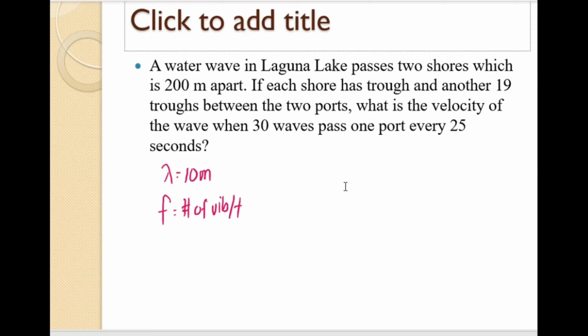We have the frequency is the number of vibrations per unit time. We have 30 waves passing through it every 25 seconds. So let's divide that, 30 divided by 25. We have a frequency of 1.2 hertz.